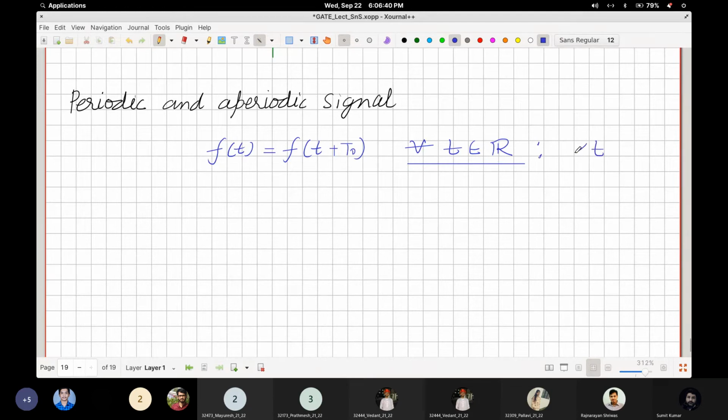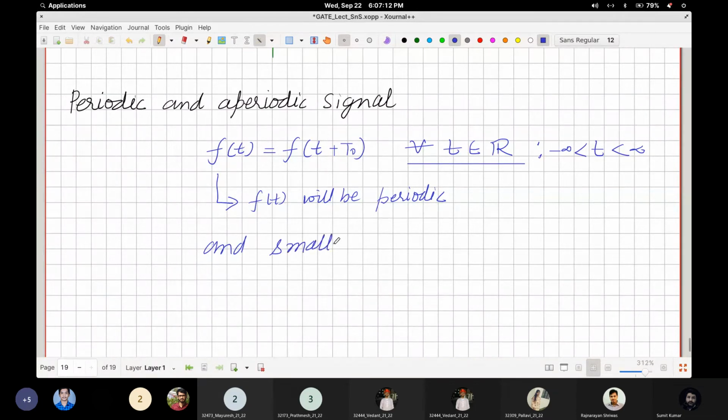That for t between minus infinity to infinity. Okay, ये line का मतलब basically यही होता है. ठीक है, is that clear? Then signal will be, then ft will be called periodic.